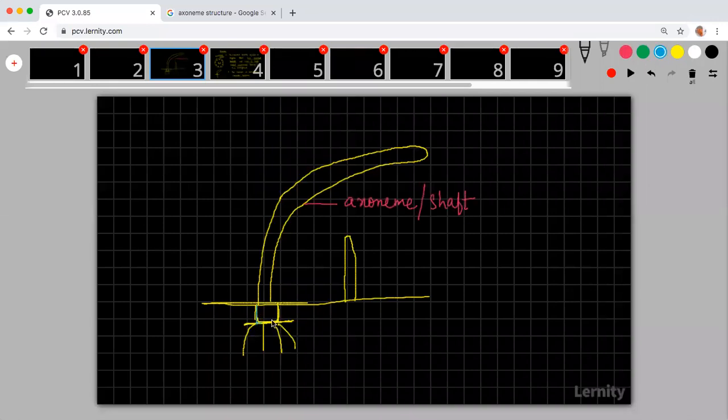This part is called the basal body. Now here you have this part, we call this a basal plate. And these parts are called the rootlets.